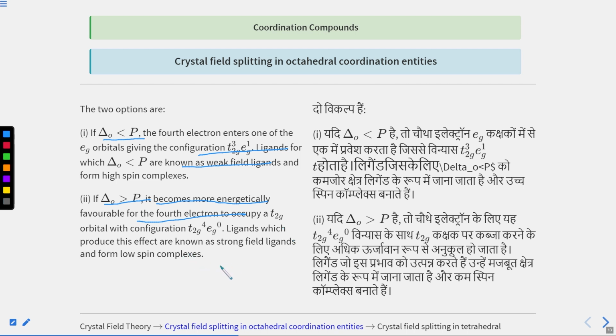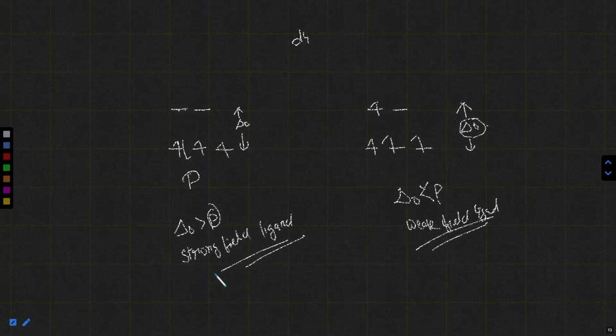In that case, it is called low spin complexes. So strong field will form low spin complexes, and weak field will form high spin complex.